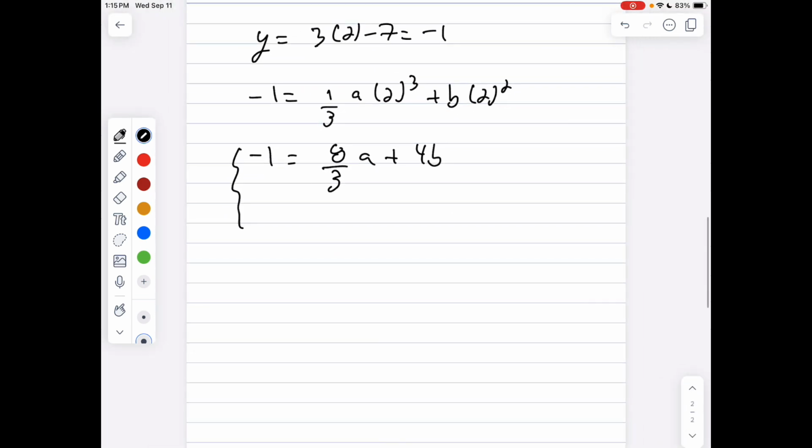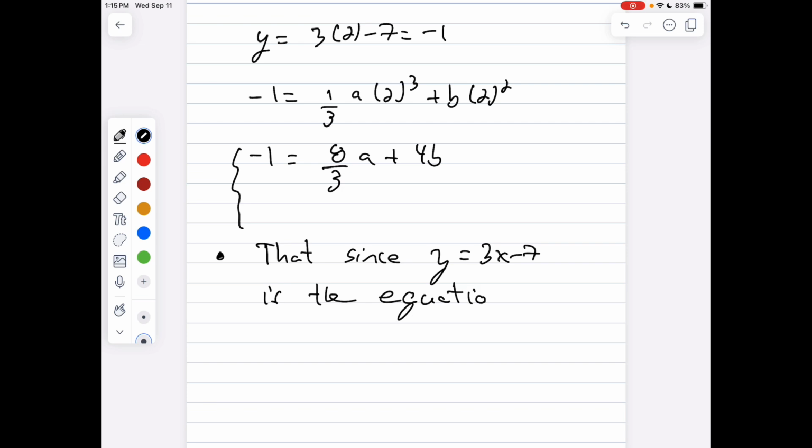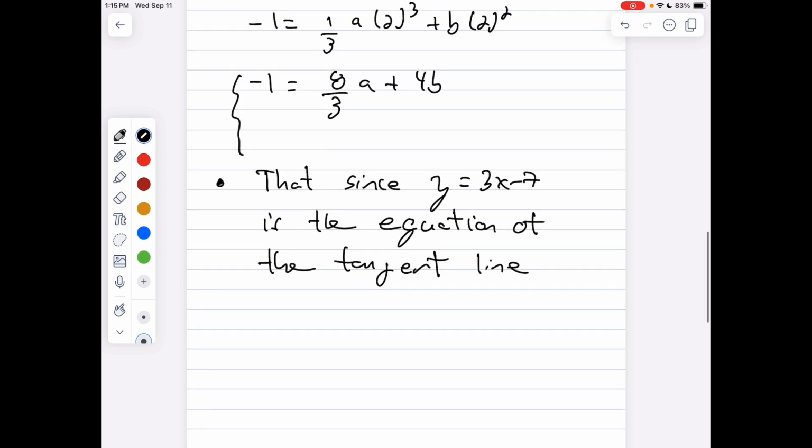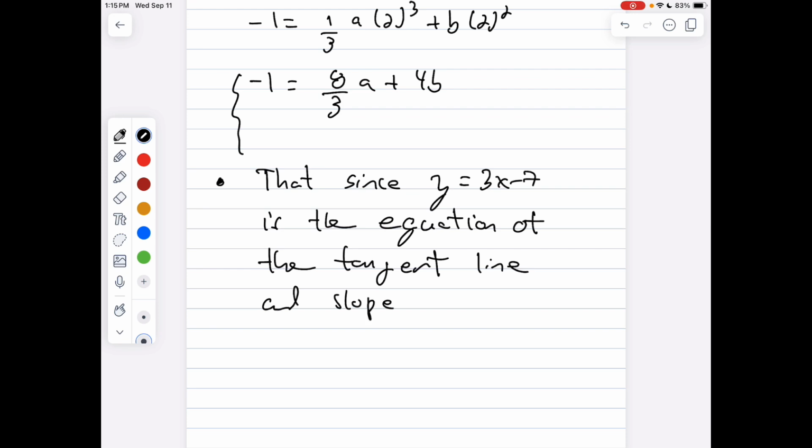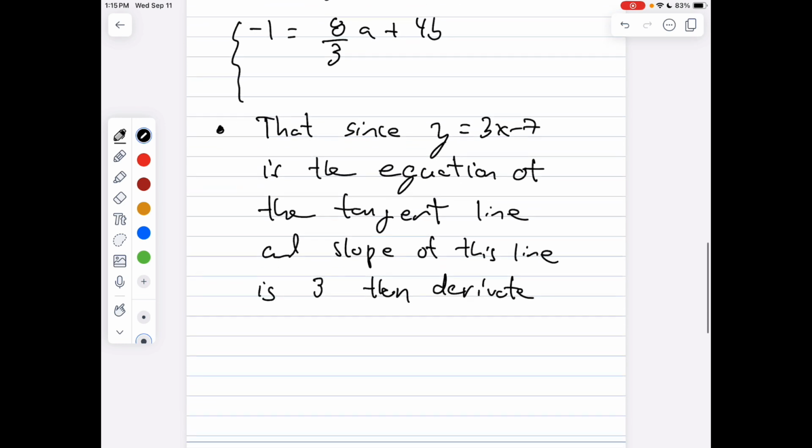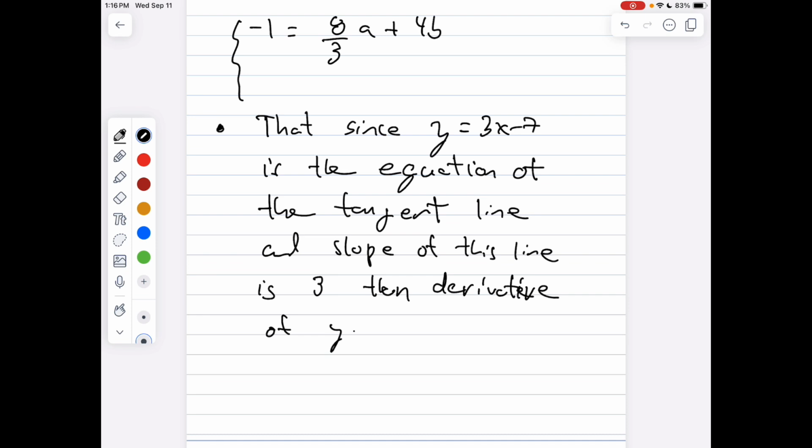So let me state that. So here's the other point here, that since y equals 3x minus 7 is the equation of the tangent line, and the slope of this line is 3, then the derivative of 1/3 ax cubed plus bx squared at x equals 2 must be 3 as well.